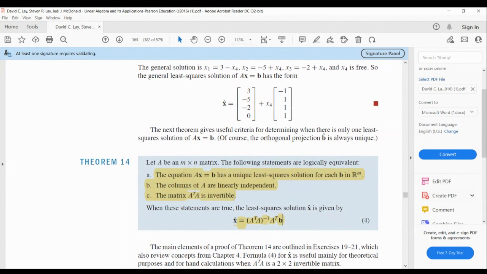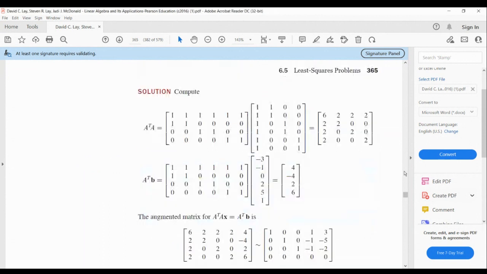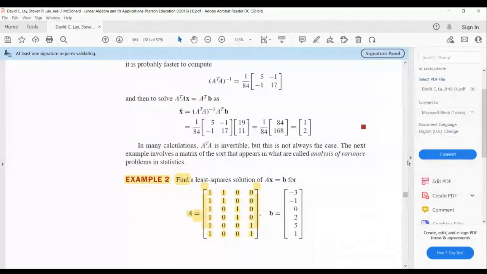And in fact, the fact that the columns of the matrix A were linearly independent means that A transpose A was invertible. But you don't always have that situation like you see here in theorem 14. Sometimes you have a situation like you see here in example 2, where the columns of the matrix A are linearly dependent. That's okay. That's okay.